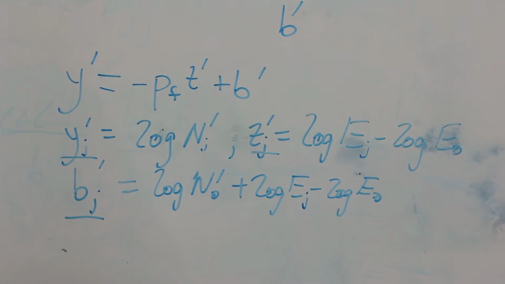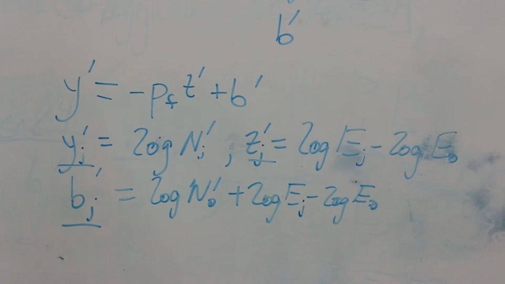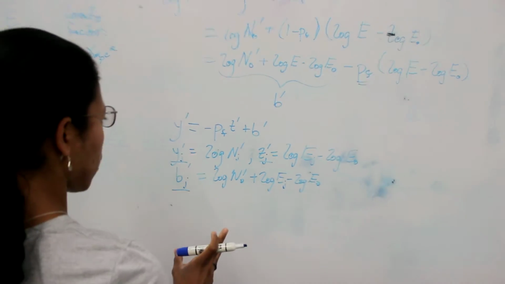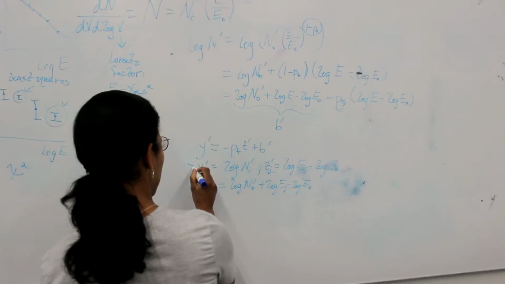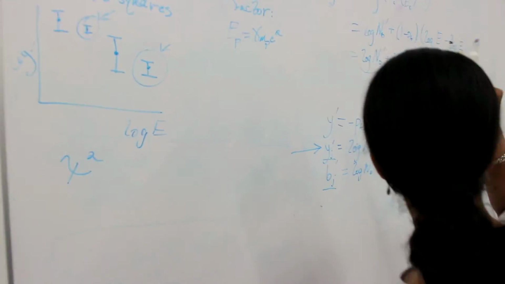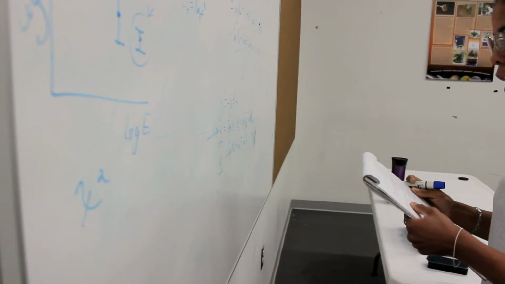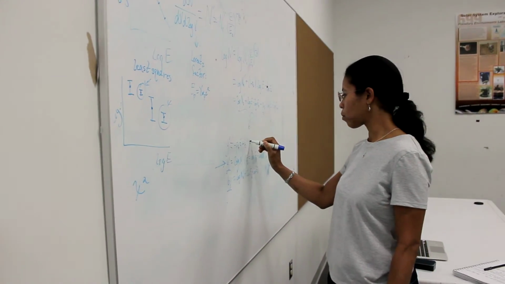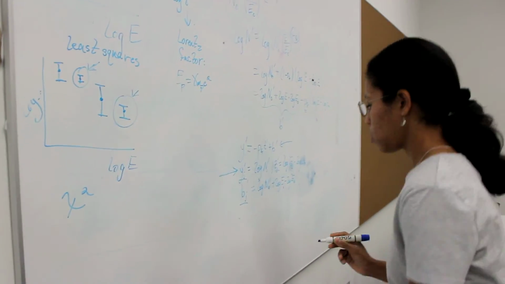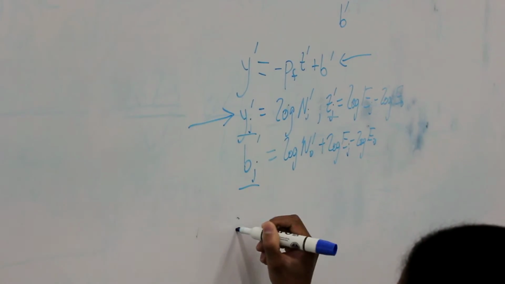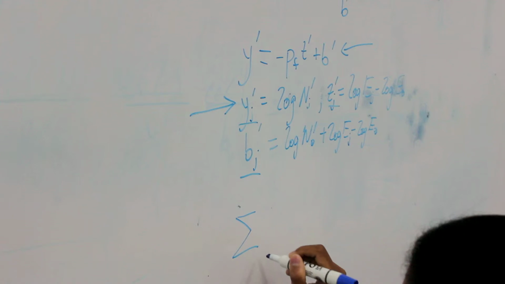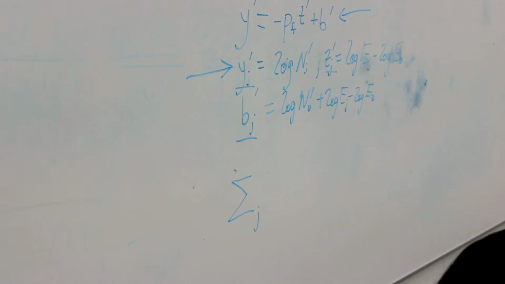Now, with least squares, what you're trying to find is the deviations between your calculated values and this simple form, which is a line. And then you add them all together, so let's sum over all the points.